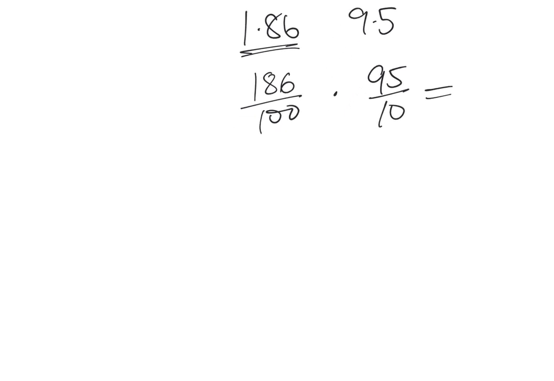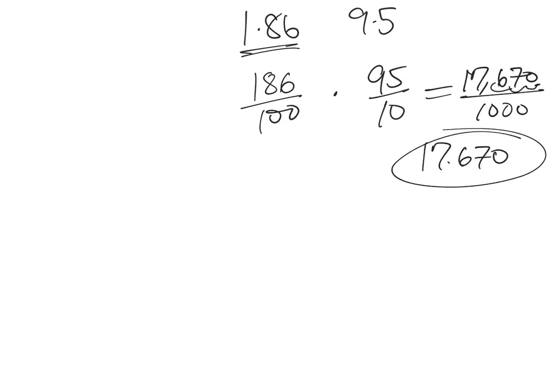And remember, when you're multiplying, you don't need to have a common denominator. So we have 186 times 95, which is 17,670 divided by 1,000. So now you move the decimal place, or you move 3 places to the left, and you have 17.670. So that would be the answer to that problem.